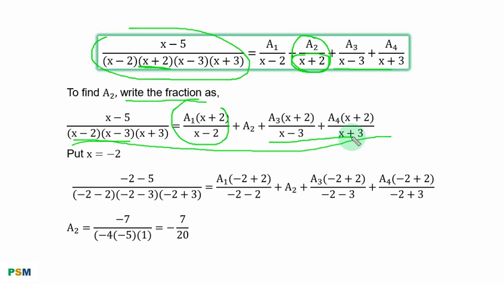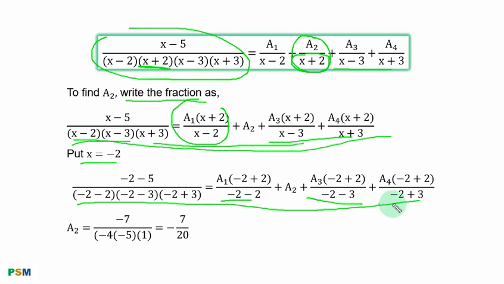In order to make A1, A3, A4 0, you have to put s equal to −2 in this result, and you have this result. −2 + 2 is 0, times A1 is 0, over this term, 0. Here is also 0, here is also 0.